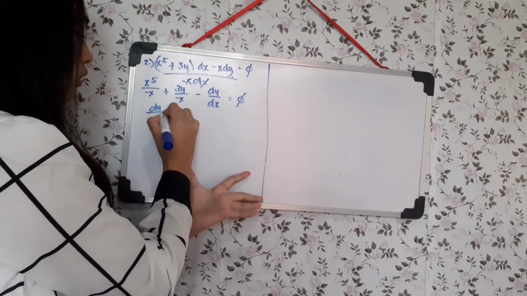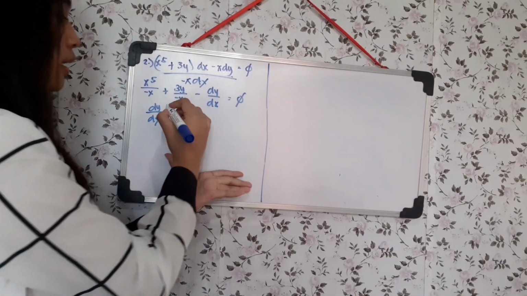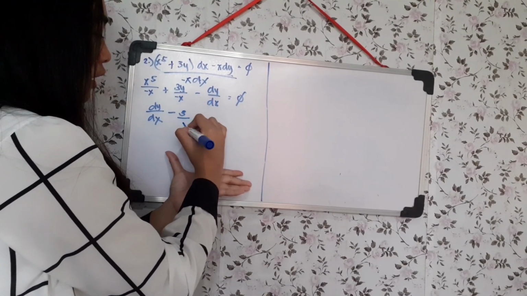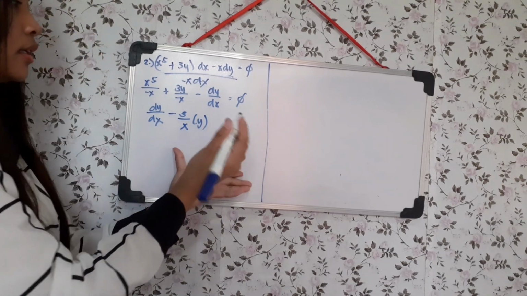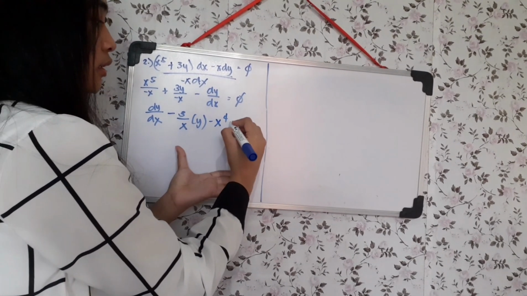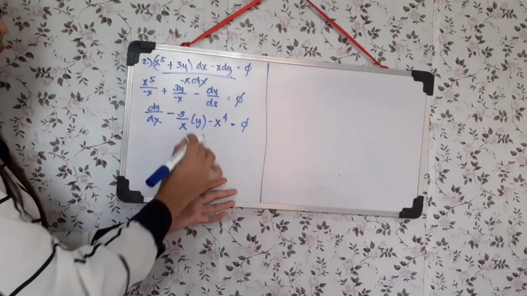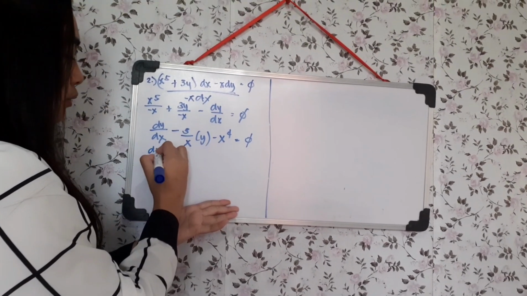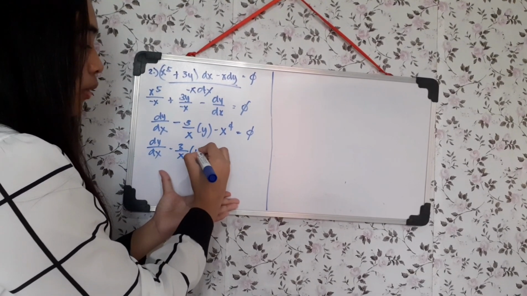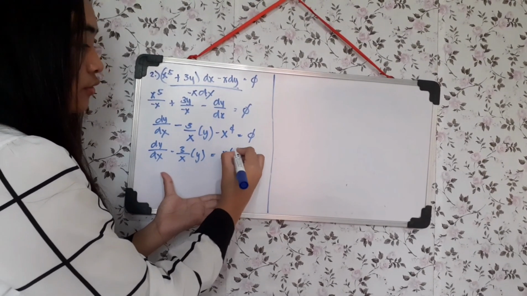So dy over dx minus 3 over x times y minus x cubed is equal to 0. Then transpose. We have dy over dx minus 3 over x times y is equal to x cubed.